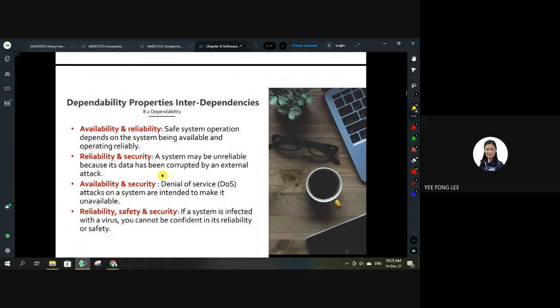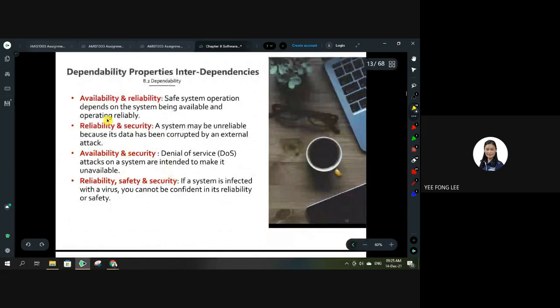Interdependent dependencies. This slide shows that some of the attributes are related to one another. For example, availability and reliability here. System operation depends on the system being available and also reliable.